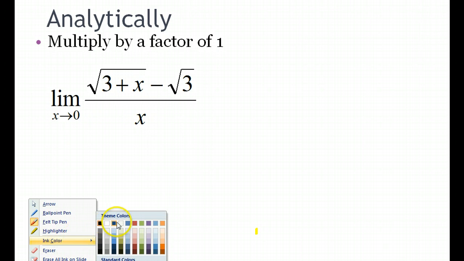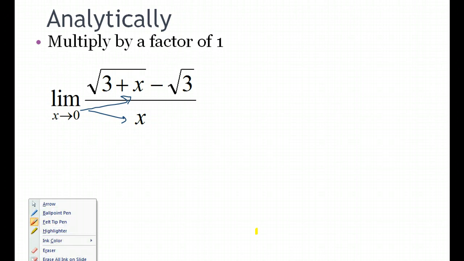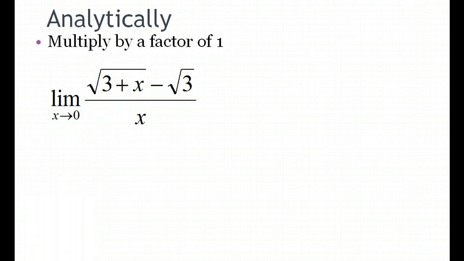Well, first, I guess I should replace x to make sure that we know it's in indeterminate form. Put the 0 in both places, and hopefully you notice that we do get 0 over 0, that indeterminate form. And so I'm going to choose that conjugate wisely. Let's do that.